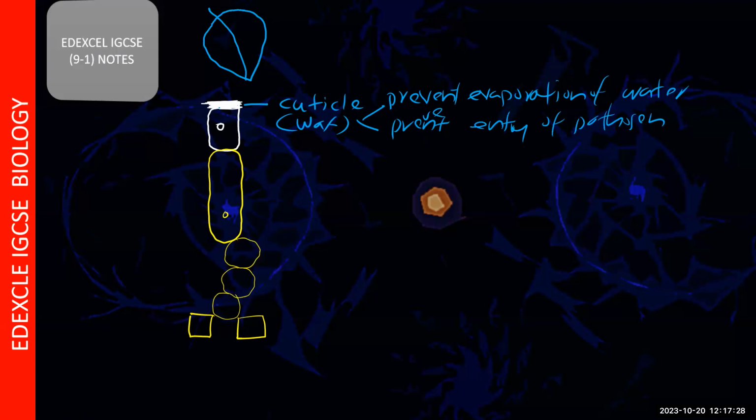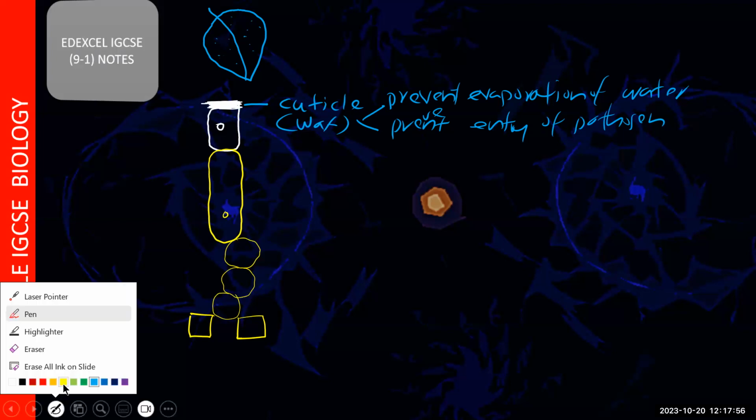As a result, the cuticle wax layer makes a barrier to prevent water evaporation. At the same time, when things like water are on the surface, it provides a large surface area. There's a chance of bacteria and some other pathogens going into the leaf and destroying it. So the wax layer prevents this.